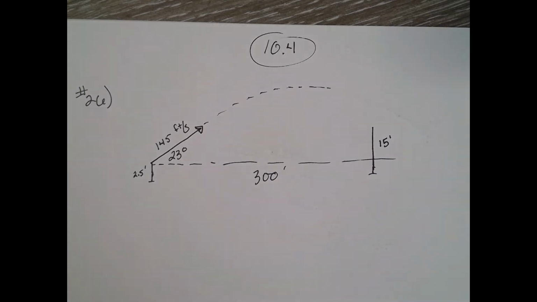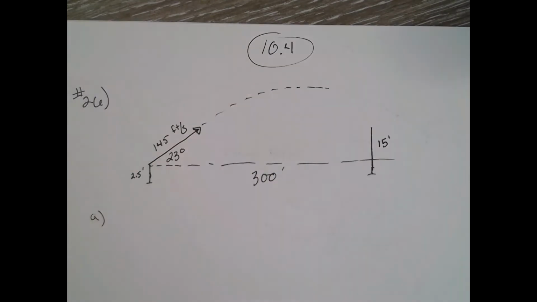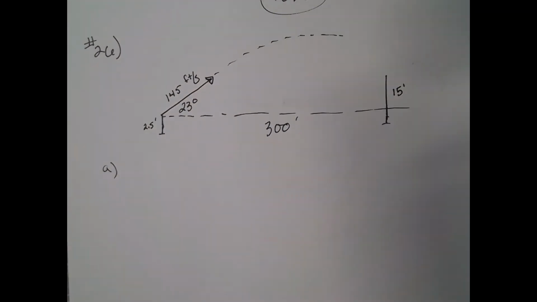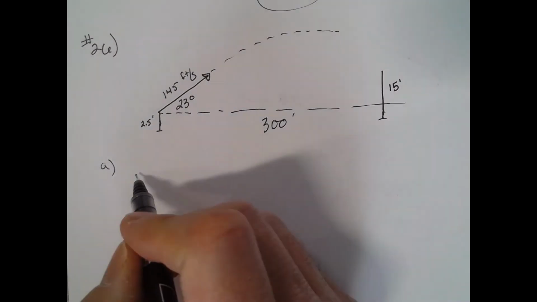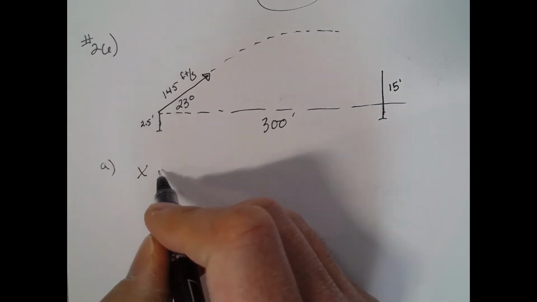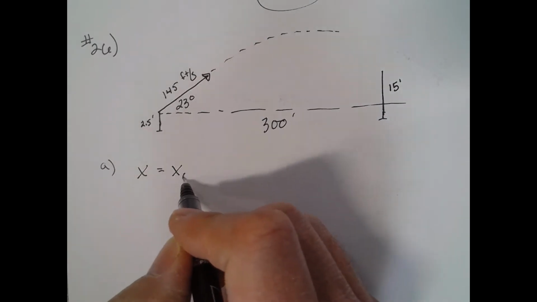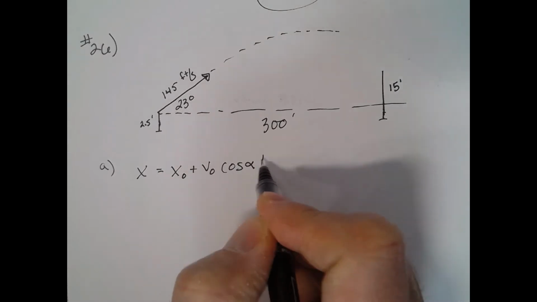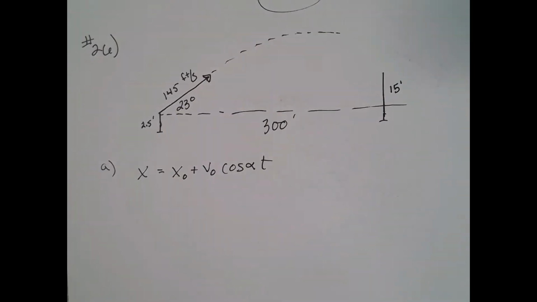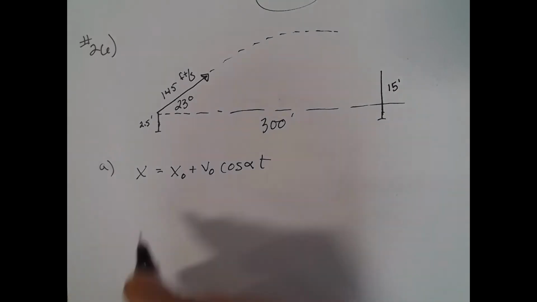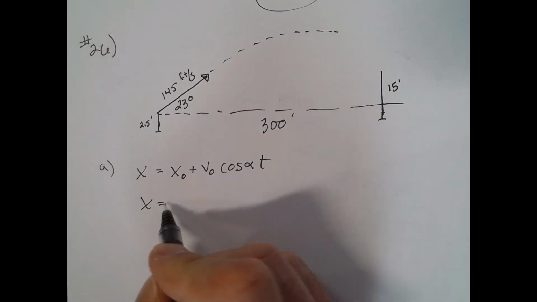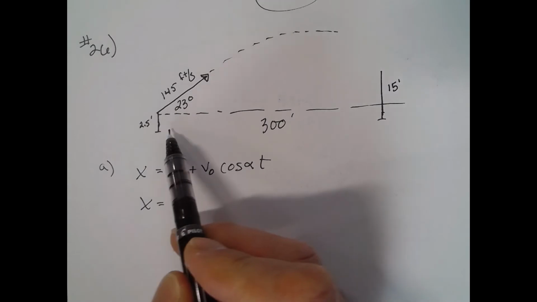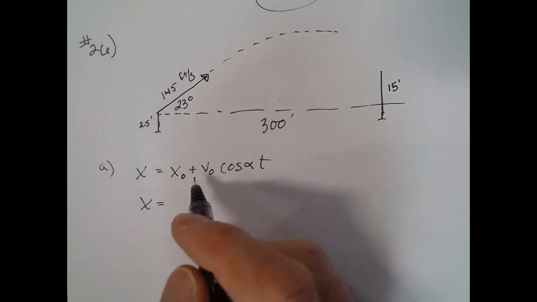Alright, so we can start. We have horizontal and vertical components. So our X, or horizontal, is equal to X sub 0 plus V sub 0 cosine alpha t. So that's the general one. So our X in parametric form, we are not moved left or right at all, so our X sub 0 is 0.